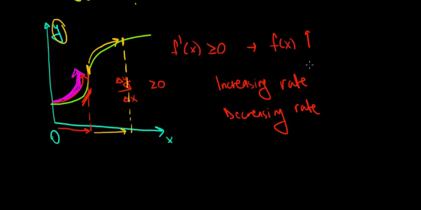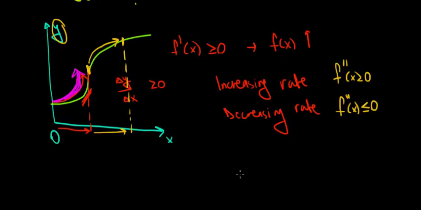And the notion of increasing or decreasing rate is proven by the second derivative. So the second derivative has to be positive for a function to have an increasing rate, and the second derivative has to be negative for a function to have a decreasing rate.